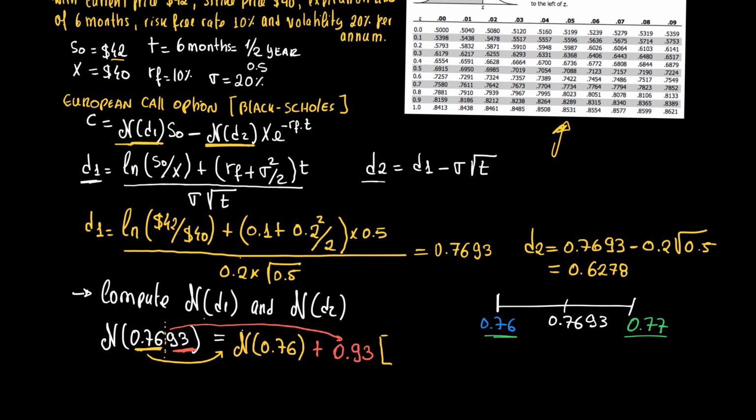So 0.7693 falls between 0.76 and 0.77. Then we put these values back in this expression: it's going to be this one here in terms of its normal distribution, 0.77, minus this one here in terms of the normal distribution.